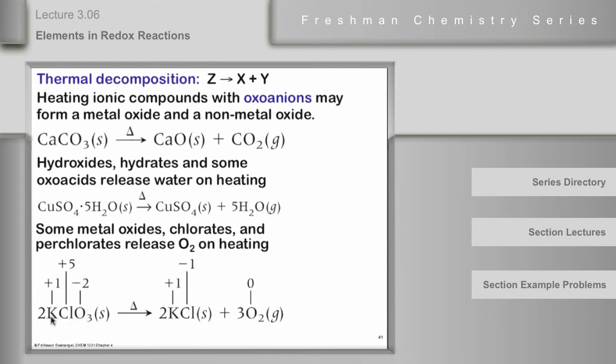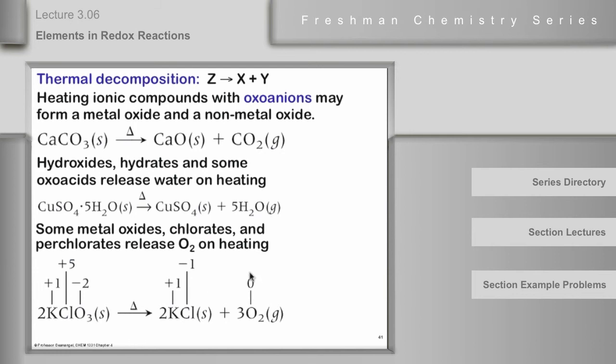For example, potassium chlorate here, when heated, this triangle, this delta right here means heated, you can drive off oxygen and it leaves potassium chloride here. One substance produces two substances, and therefore that's a decomposition reaction. And you can also see that chlorine goes from +5 to -1, and so that is a redox decomposition reaction as well. Questions on decomposition? Okay.